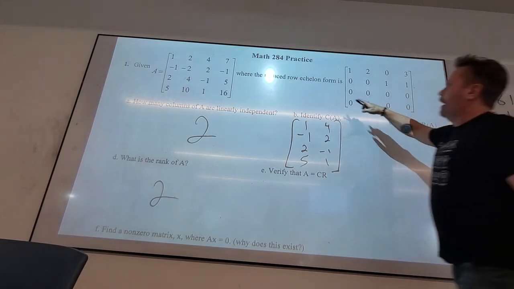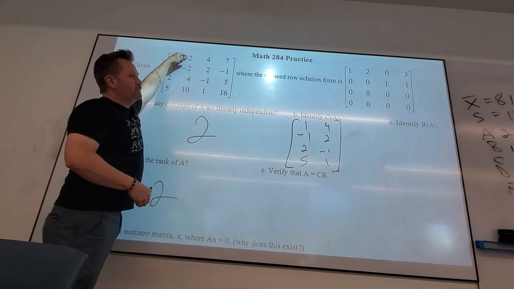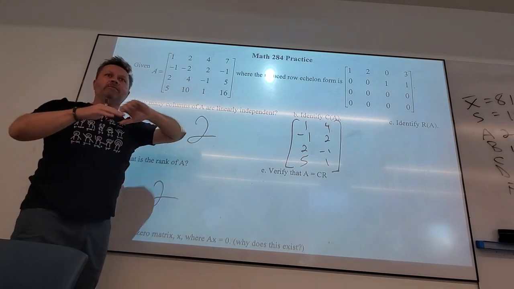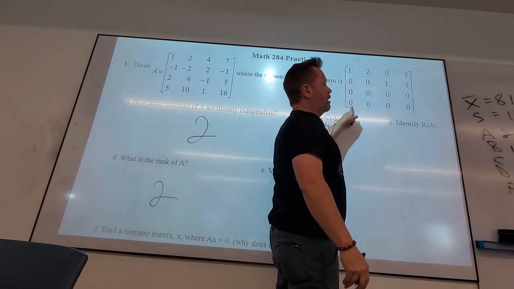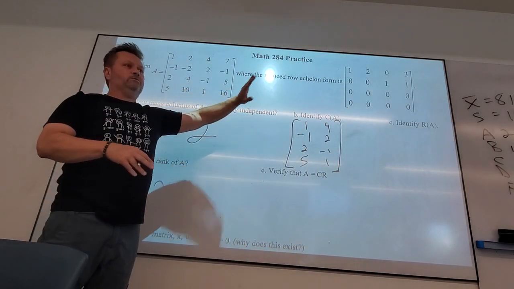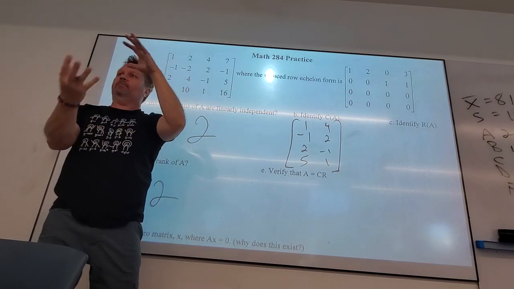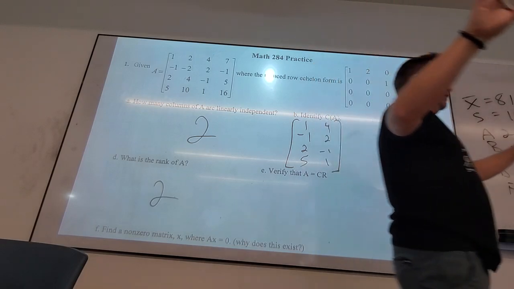If I add this to this, aren't I adding components of a column together? I am creating an entirely different vector. That's why this is not in the column space. I just added parts of it to itself. That's not the same vector anymore, you guys.